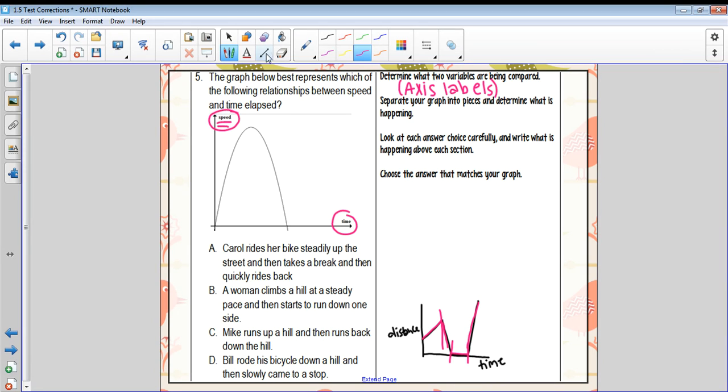So I'm going to go ahead and do that on number 5. So if I'm looking at the beginning of number 5, I think I have about 2 or 3 chunks here. The first chunk I have is this piece. And this right here is going up. The speed is increasing. Okay, someone's getting faster.